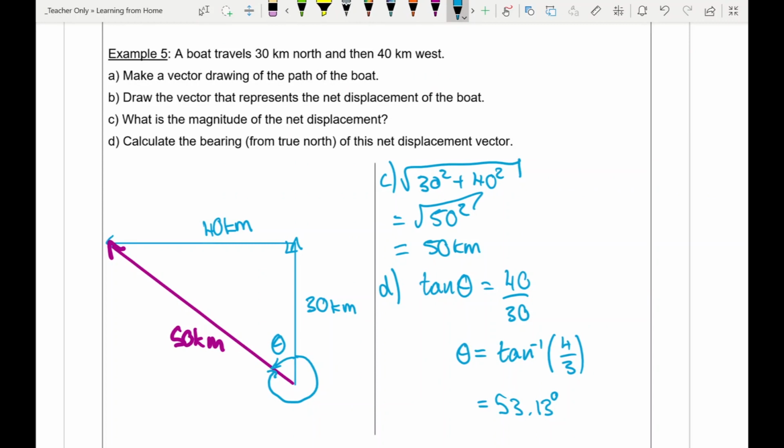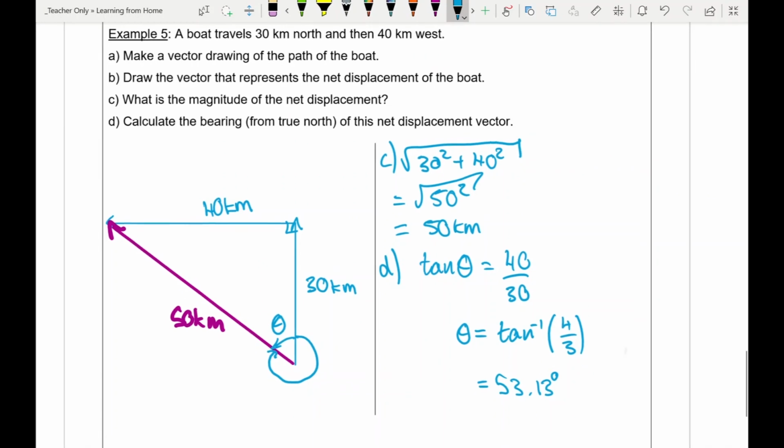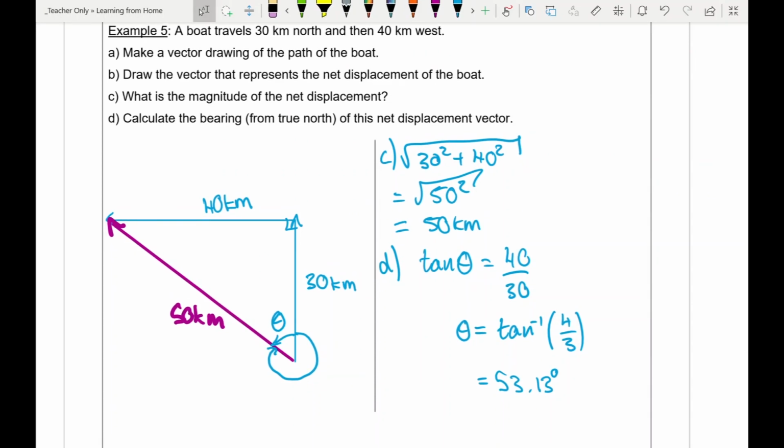That gives us the angle theta, but what we want is the true bearing. So we have to take that away from 360. So 360 subtract 53.13 is, of course, equal to 306.87 degrees true. So that gives us the bearing from true north of this net displacement vector for part D.